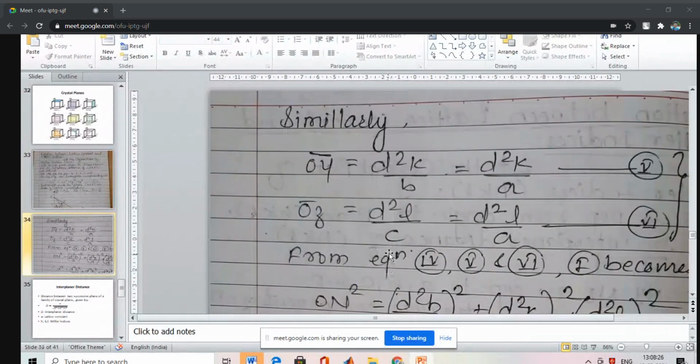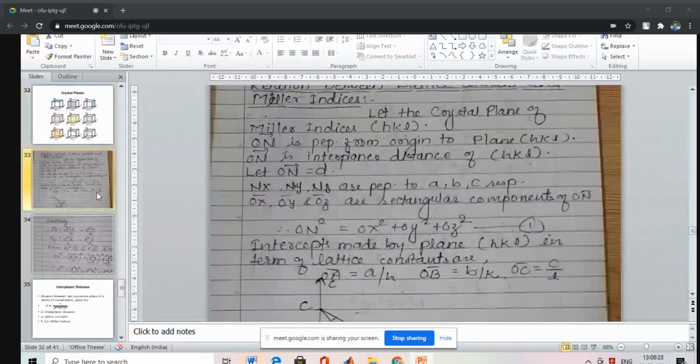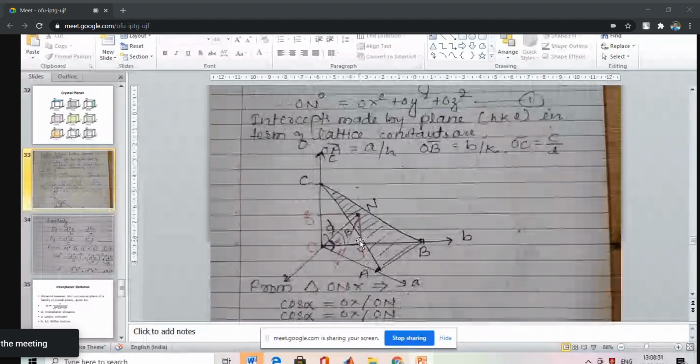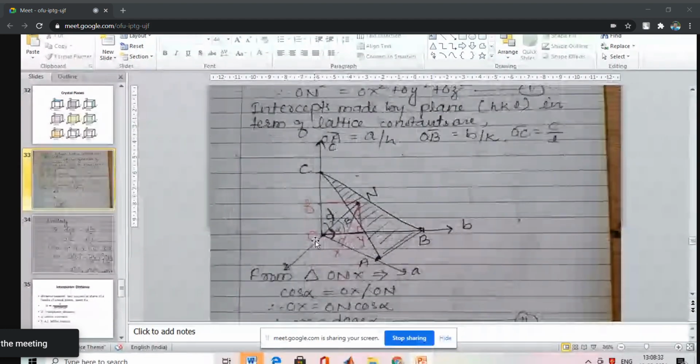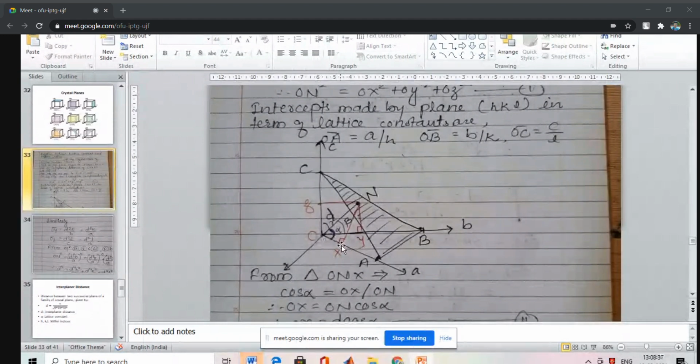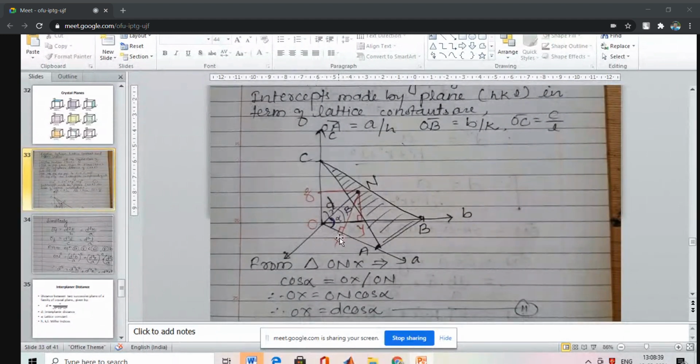Now similar to OX. Where is our OX? Here. OX we have calculated from triangle OXN and ONA. By the same way, we can find out the OY. How? By right angle triangle OYN, and by right angle triangle ONB.